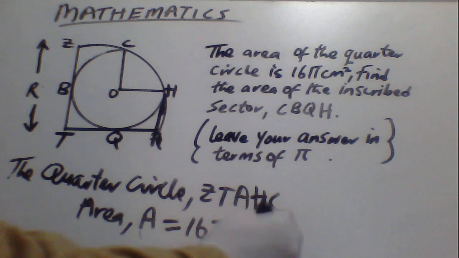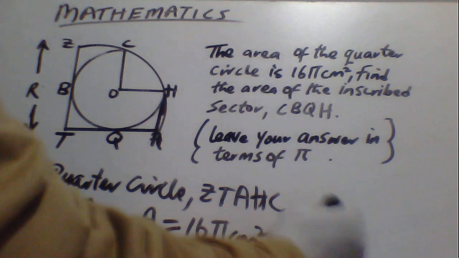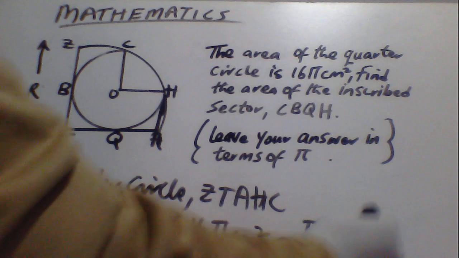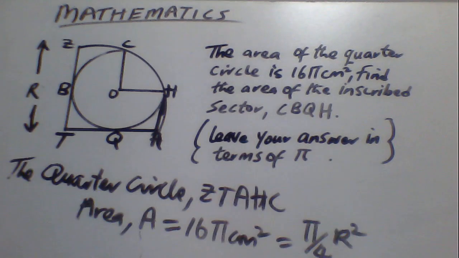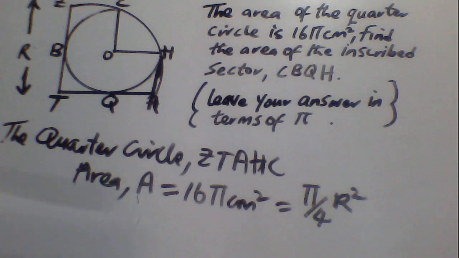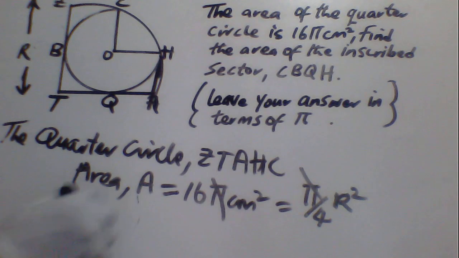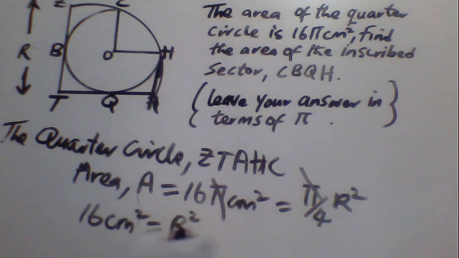We also know that the area of a quarter circle is given by pi over 4 r squared. So from here we can find the value of r. Pi can cancel out, so we have r squared. Let me make it very easy: 16 cm squared is equal to r squared divided by 4.